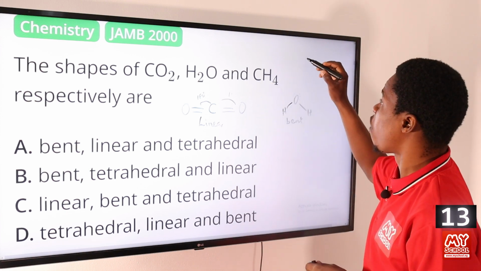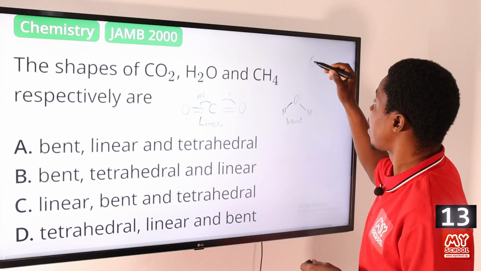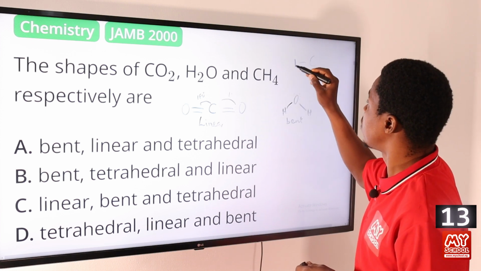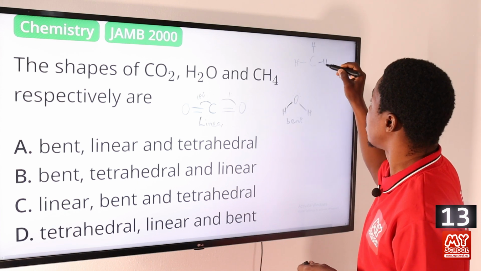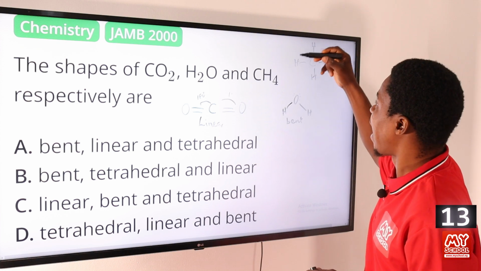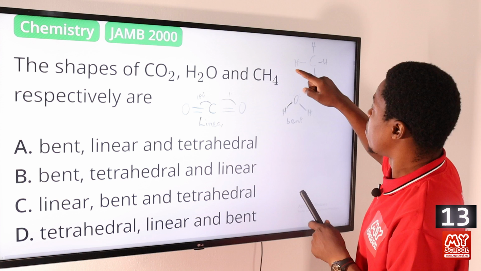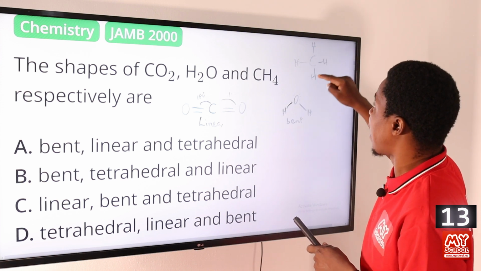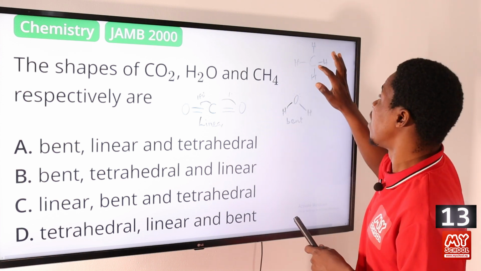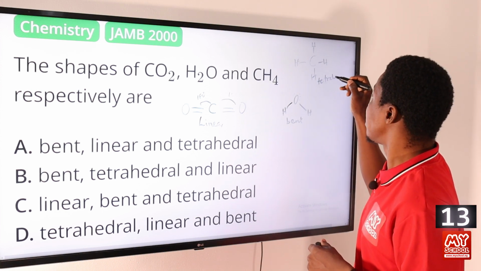And for CH4, that's your methane, there's a central carbon atom, and then we have four hydrogen atoms bonded round about it. Because they are all equal, they repel each other, so they are bonded at the same angle around this carbon atom. This forms a tetrahedral shape.